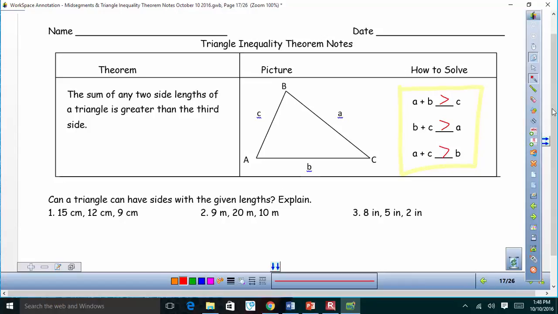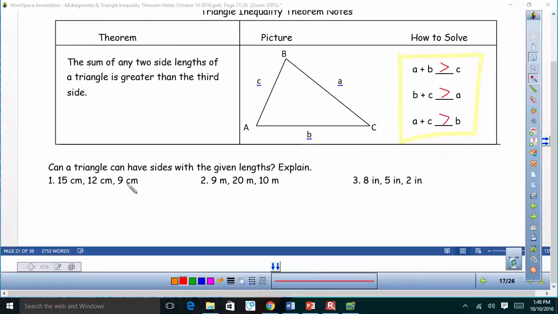Okay? So if you will just watch these examples down here, I will show you how to figure out if these side lengths can make a triangle. So in number 1, if I just randomly labeled these A, B, and C, I would look to see if I added 2 of them, are they always bigger than the third side?